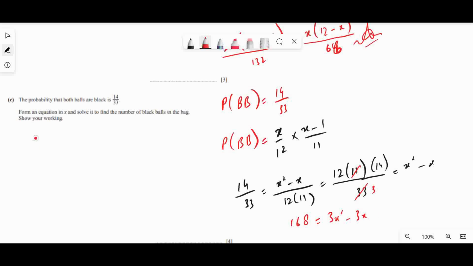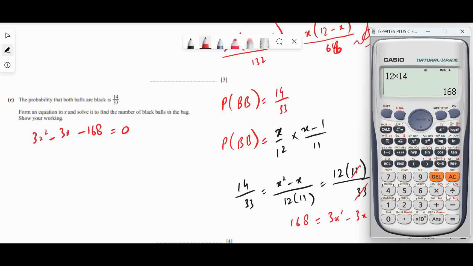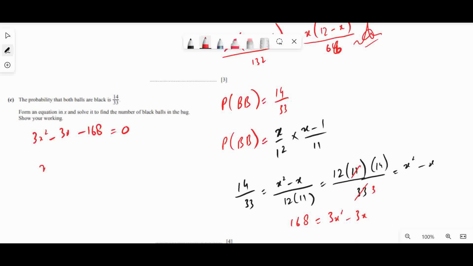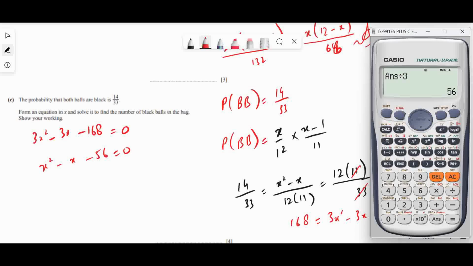If you rearrange it, this will become 3x square minus 3x minus 168 is equal to 0. Let's see whether it is divisible by 3 or not. Yes, it is. So x square minus x minus 56 is equal to 0.